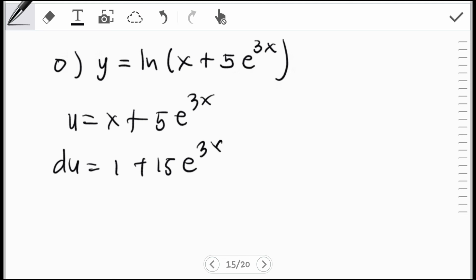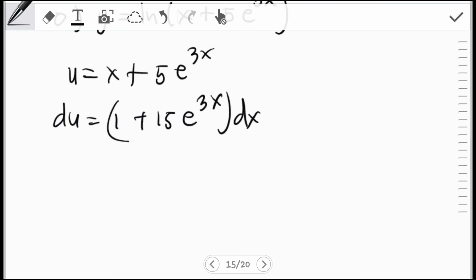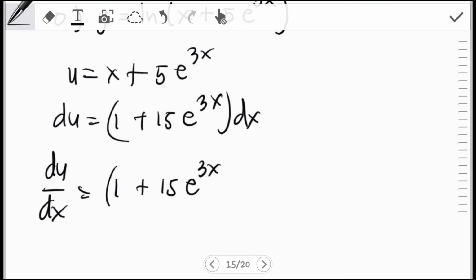Okay, so take note, the derivative of 3x, that is 3. So 3 times 5, that is 15, which is dx. Okay. So therefore du over dx, that is equivalent of 1 plus 15 e to the power 3x. Okay.